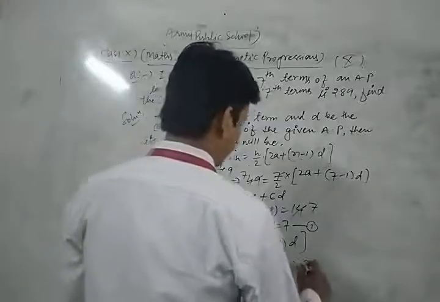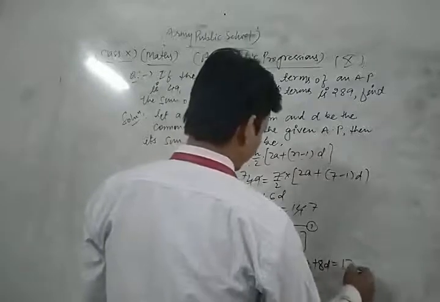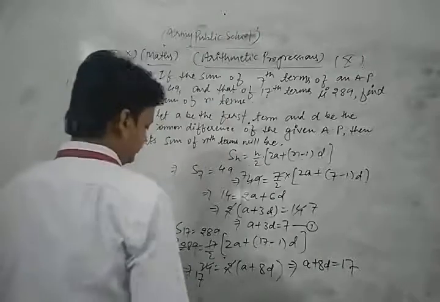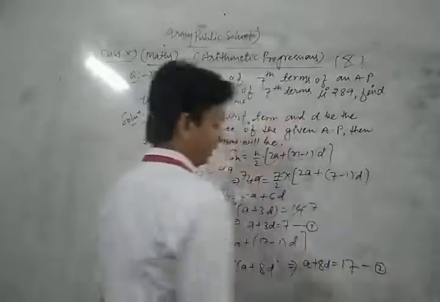So we have a plus 8d is equal to 17. Take this as equation number 2.